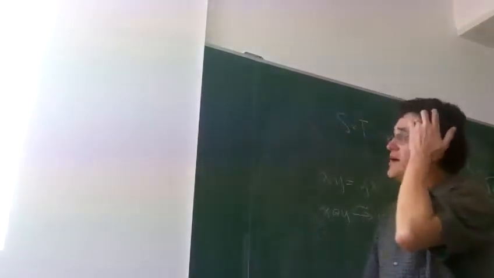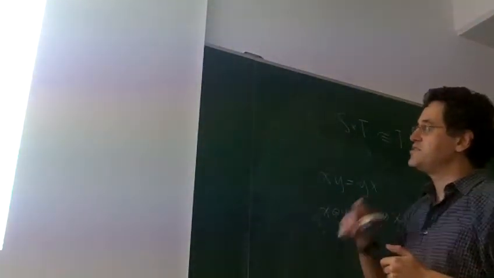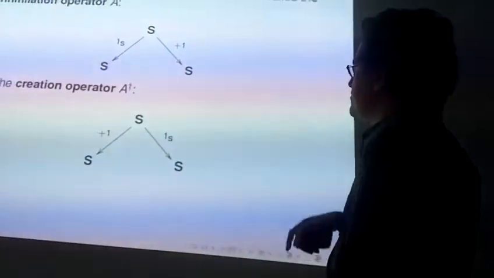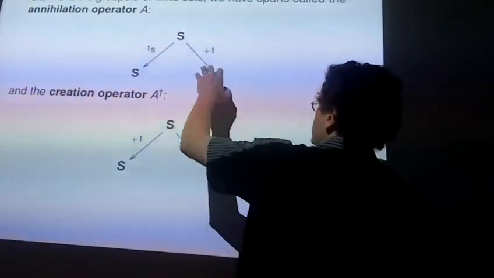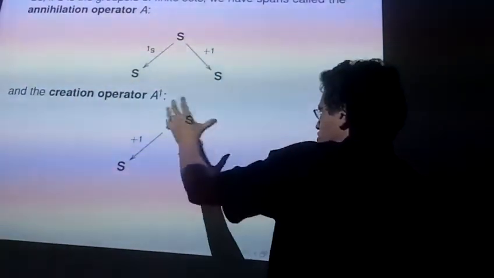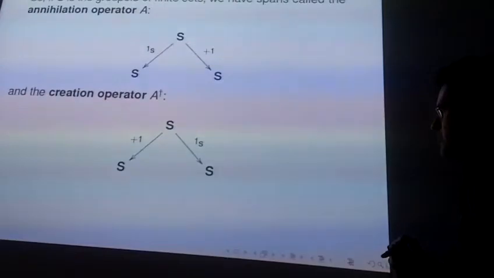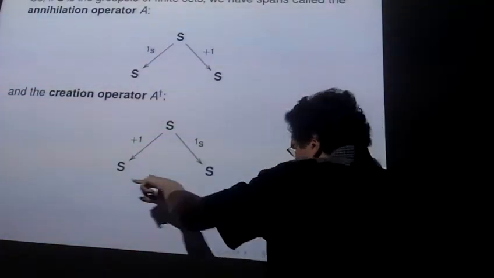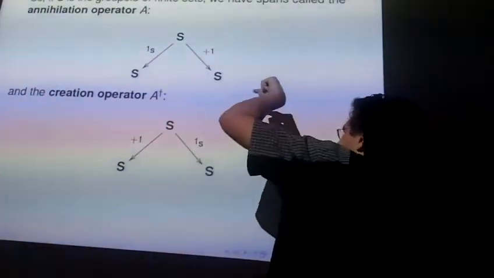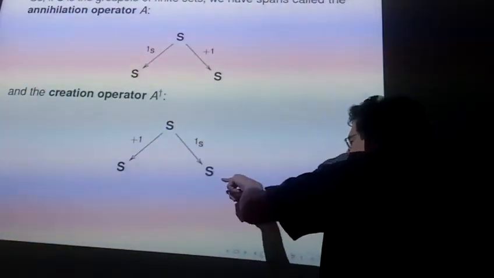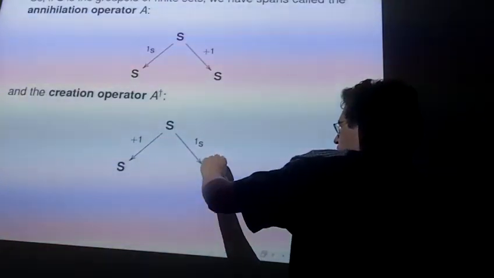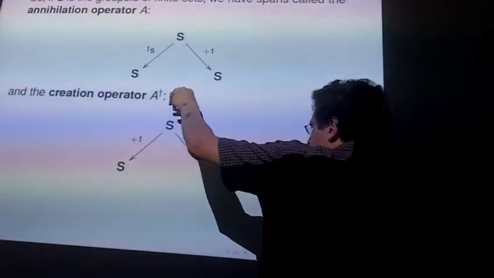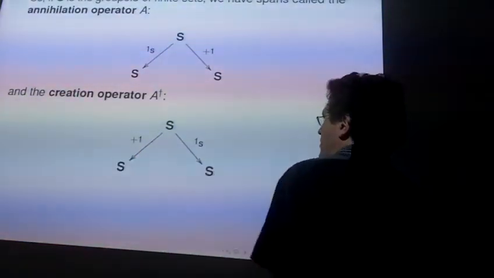So if you have S, the groupoid of finite sets, there'll be a span called the annihilation operator, and the turning around version called the creation operator. I'm reading all these diagrams from right to left to stick with traditional function notation. So here we start out with a finite set, we don't do anything, then we put in an extra element, that's creation.